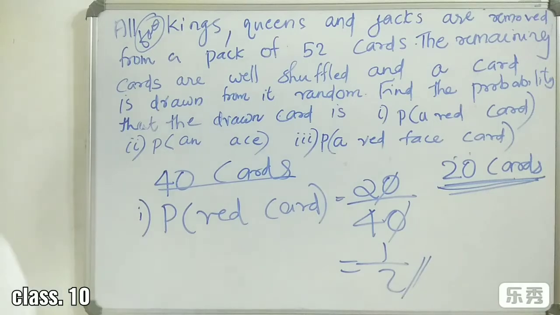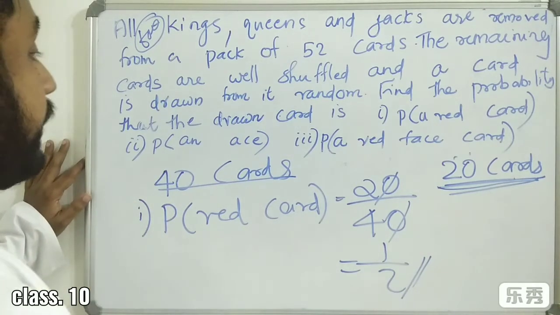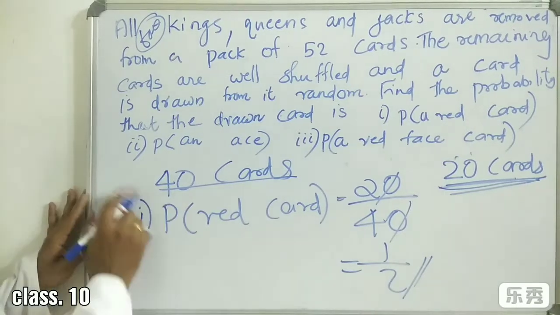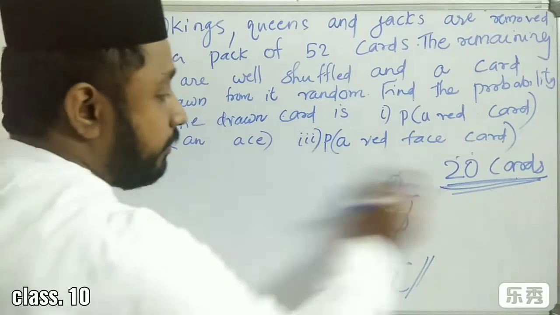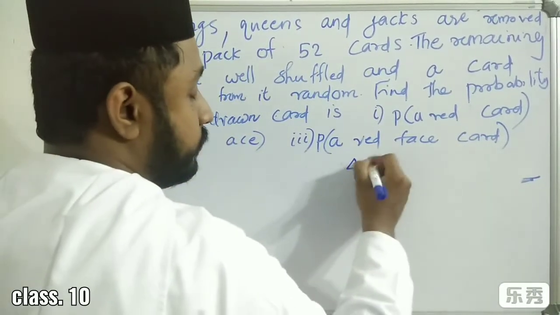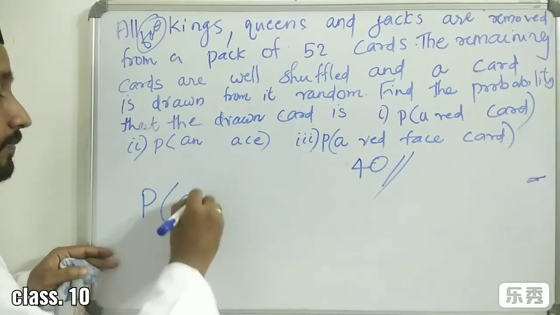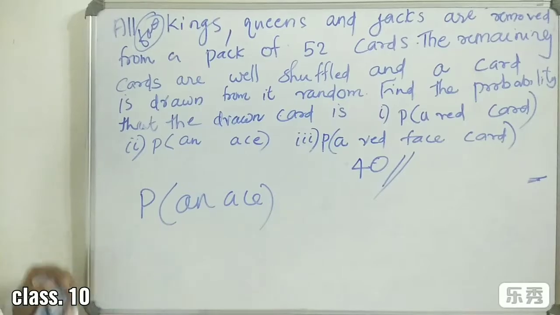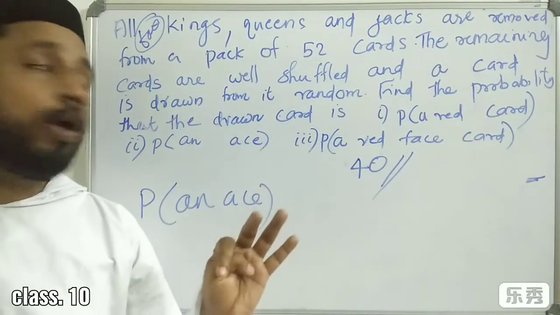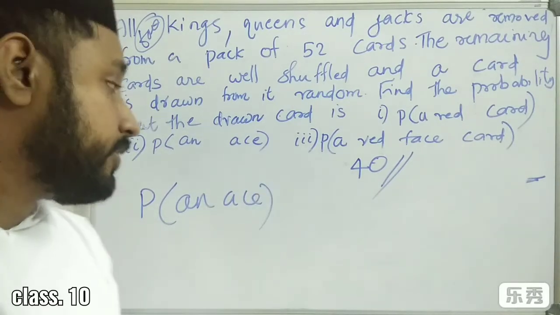Next question. Probability of getting an ace. So now total cards are 40. 40 cards are there. We know there is 1 ace from club, 1 ace from spade, 1 ace from diamond and 1 ace from heart.